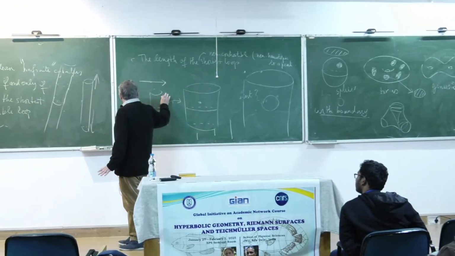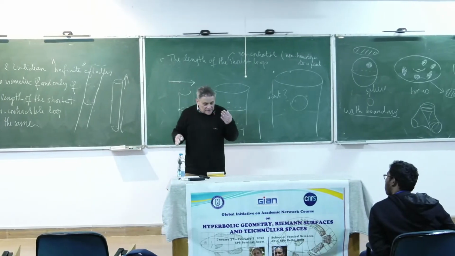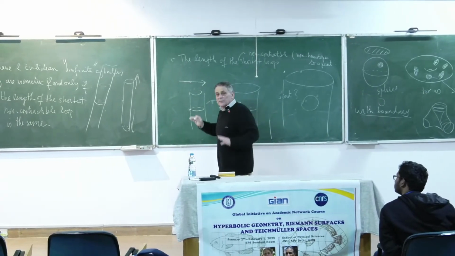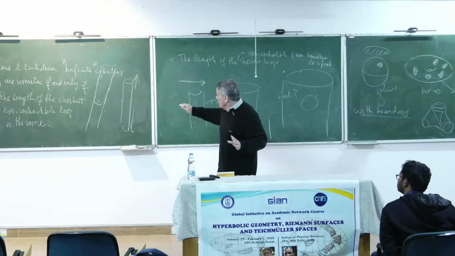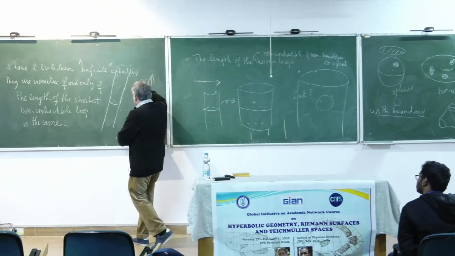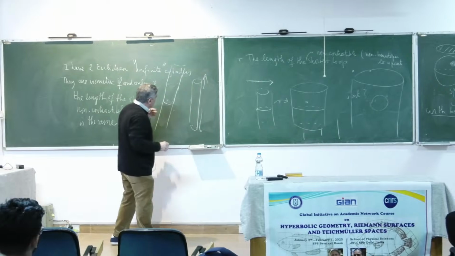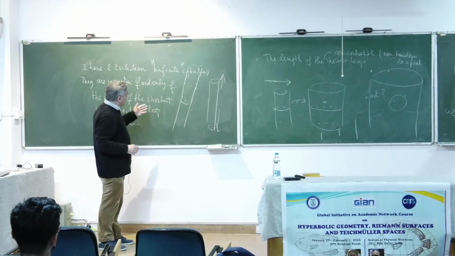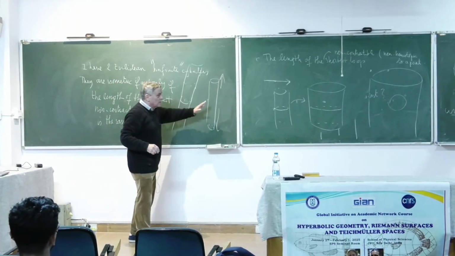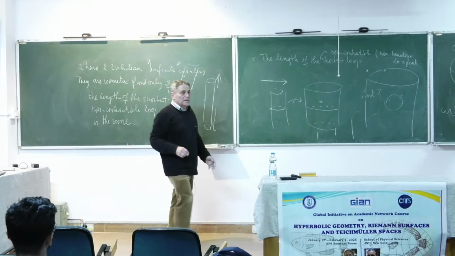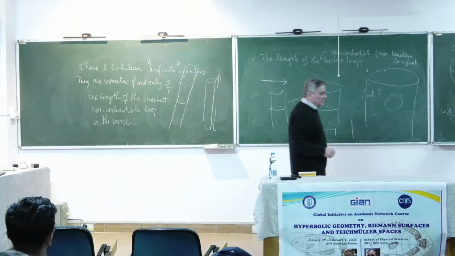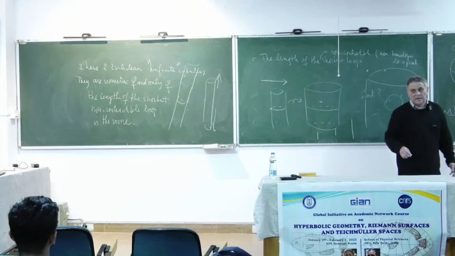This is because the Euclidean cylinder is independent of this construction. I just have two bi-infinite Euclidean cylinders, this one and this one, and I'm saying that there's an isometry from this one to this one if and only if the length of the shortest loop is the same.